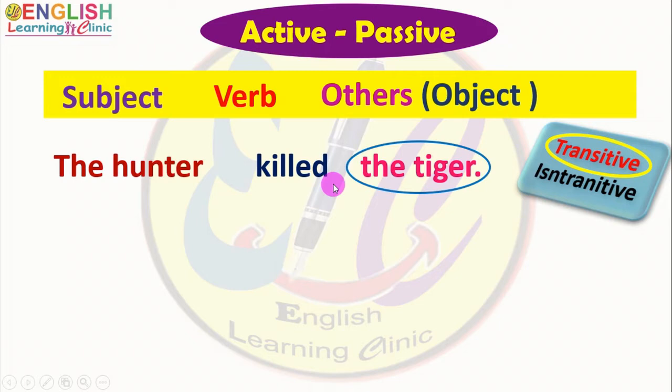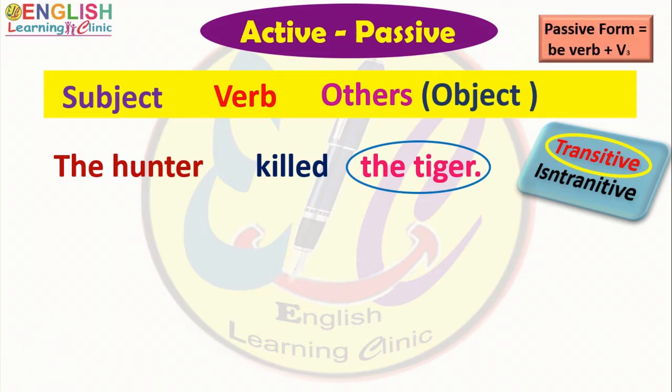Now, we have to change the voice of the verb. To change the voice of the verb, you have to first judge whether the verb is in active voice or passive voice. In my first class of the voice series, you have learned the passive form of the verb is the form of the be verb, and next comes the third form, that is the past participle form of the verb.